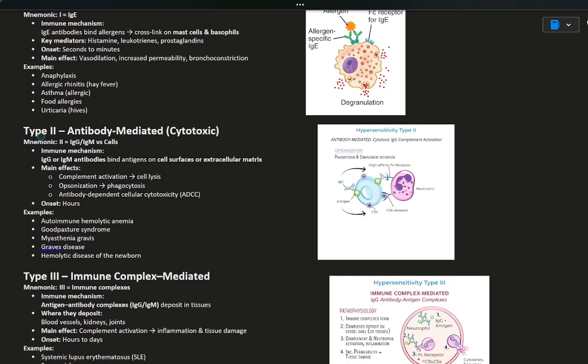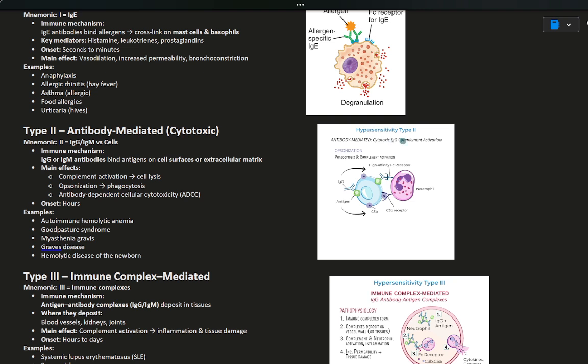Let's talk about type 2 hypersensitivity reaction, also known as antibody-mediated or cytotoxic hypersensitivity reaction. I think a helpful way to remember this is that because it is a type 2 reaction, you can think about IgG and IgM as 2 immunoglobulins working against the cells, hence type 2.